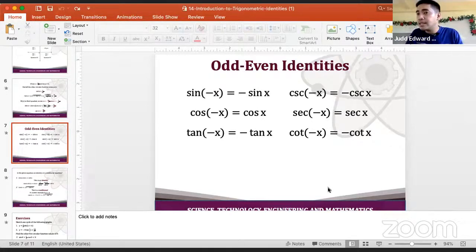Sige nga guys, what is sine of negative 50? If you're asked to get the sine of negative 50, what happens? Anyone? If you're asked to get sine of negative 50, therefore, the answer would be? Negative po.